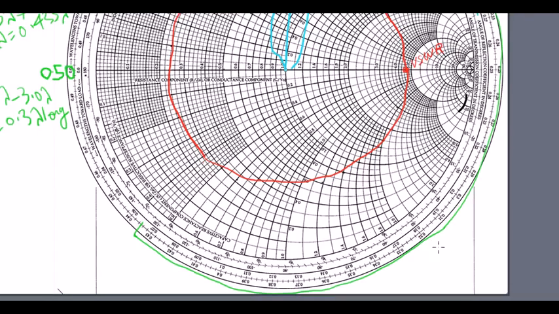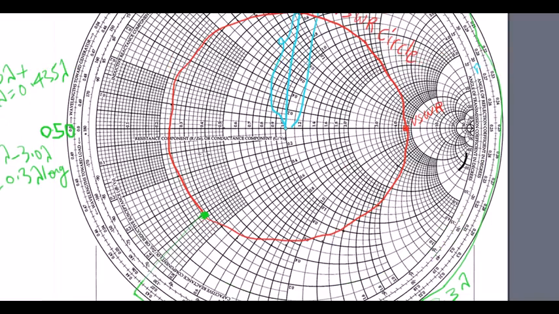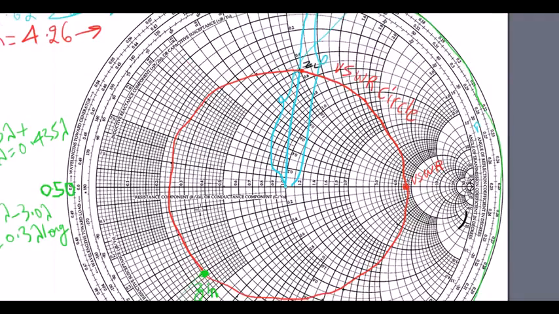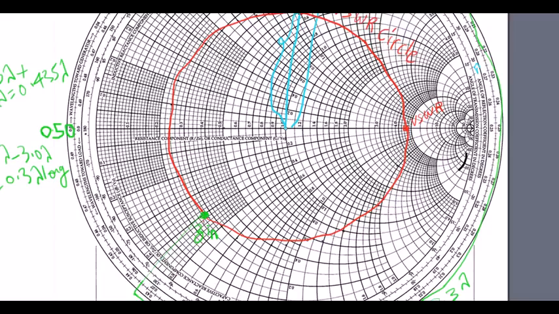Now that we have moved 3.3 wavelength towards the generator, you draw the line to know where the point is, which is approximately here. So now I have a new point which we can call Zin for input impedance. And now we've obtained our input impedance point on the Smith chart.